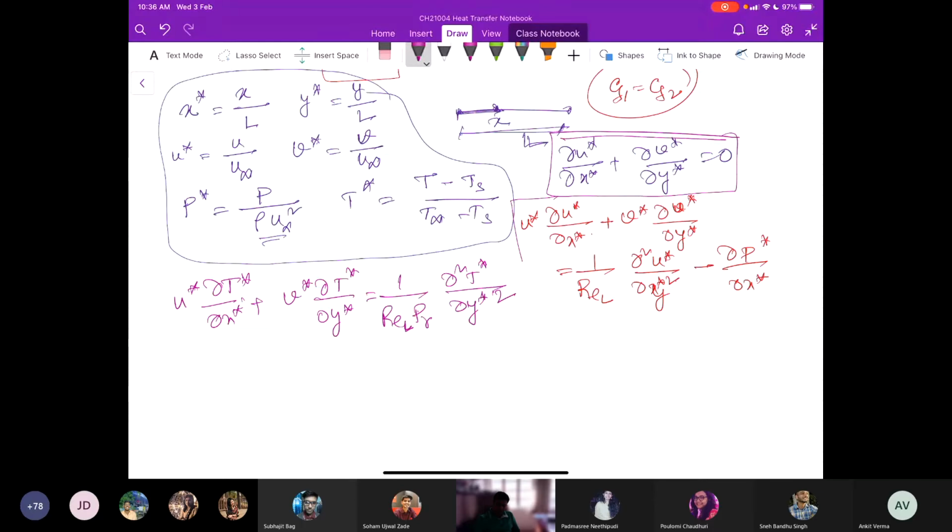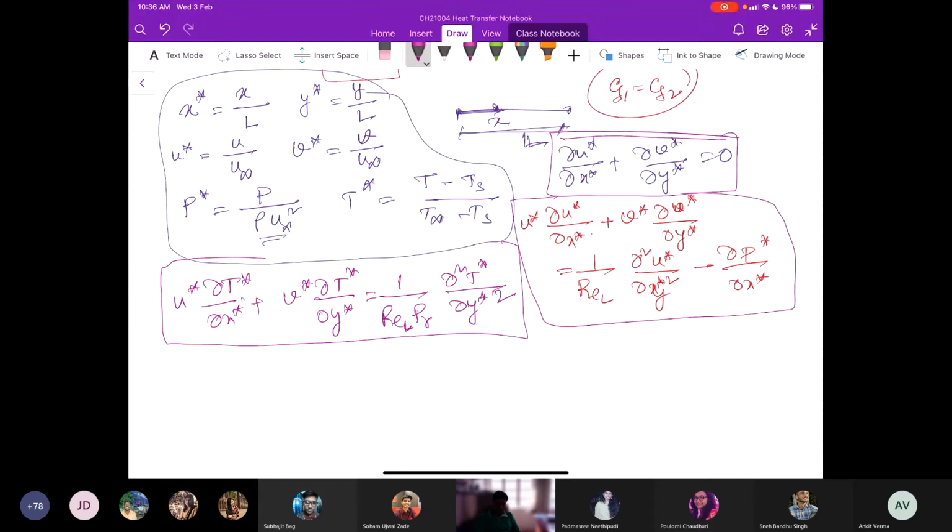Continuity equation, momentum equation, and this is our energy equation. Now if we want to solve this, we have to write the boundary conditions. So that also can be non-dimensionalized easily.